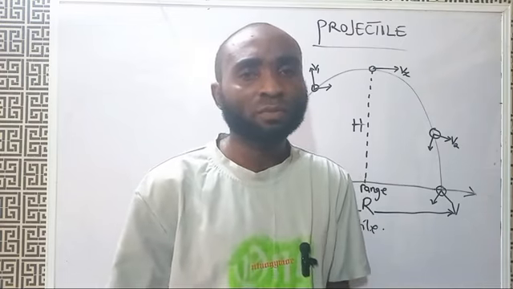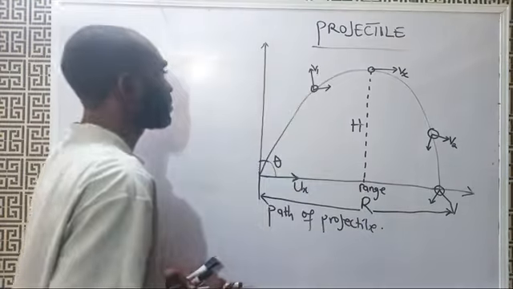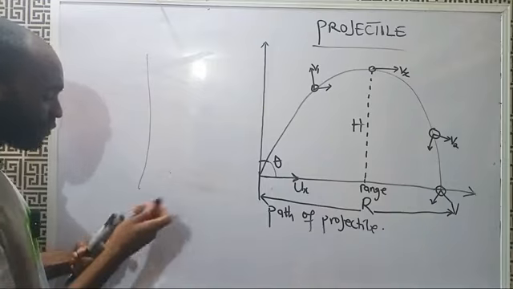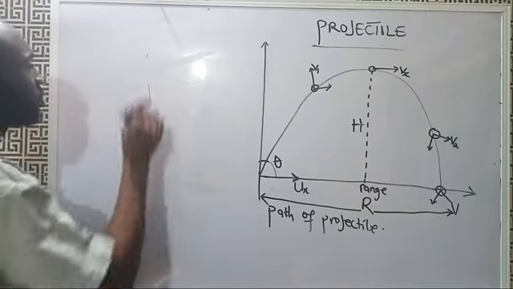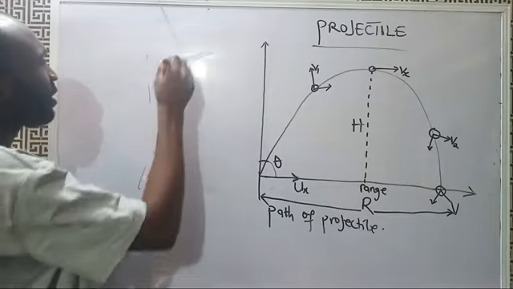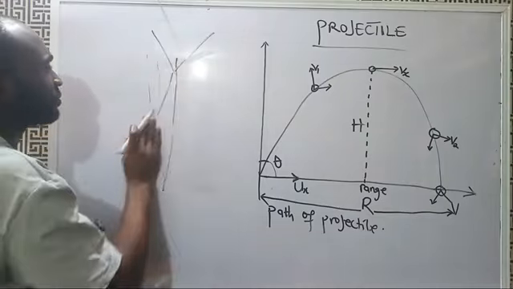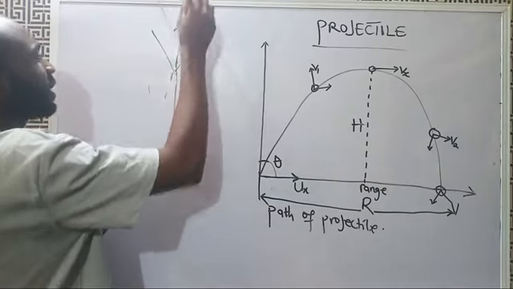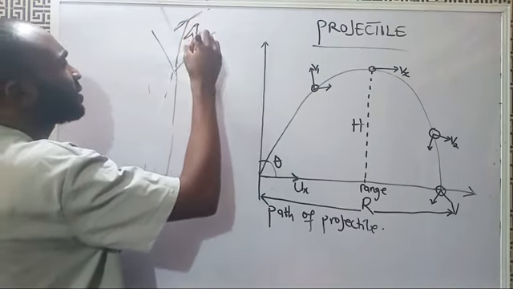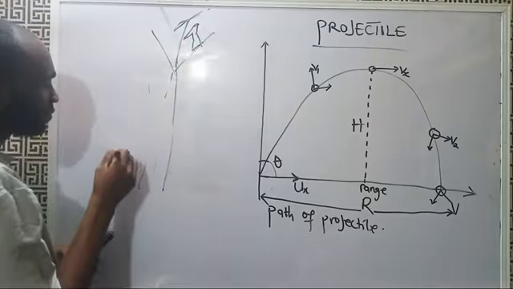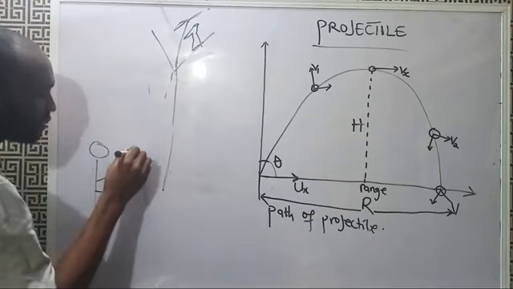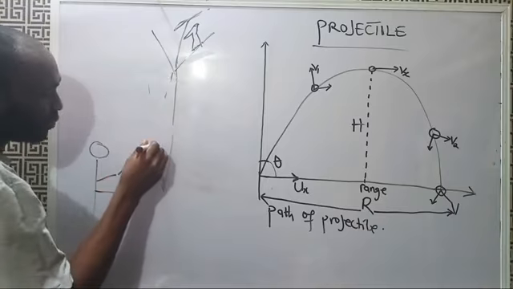Let's take for example, assuming this is a tree, let me draw a tree for you here. Assuming you have a tree like this, and a bird is sitting here, then there is somebody standing here holding a catapult.